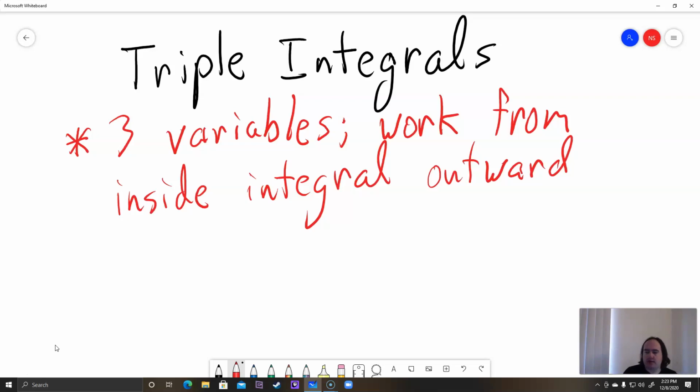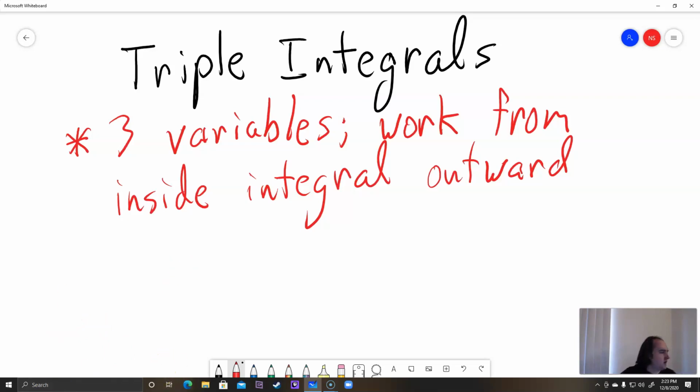Just like double integrals, really. And you keep the other variables constant. So whatever integral you're working on, for example, if you're integrating with respect to y, the other two variables, x and z, are both going to be constant.